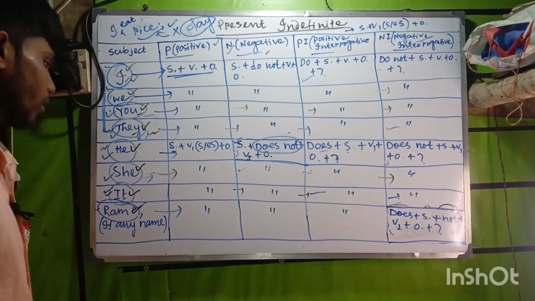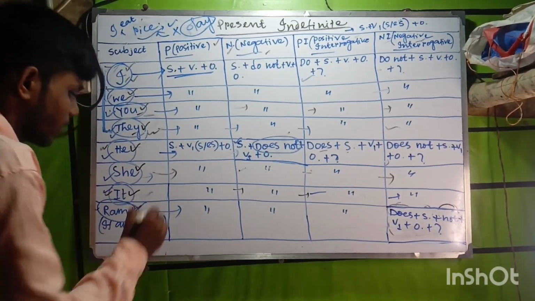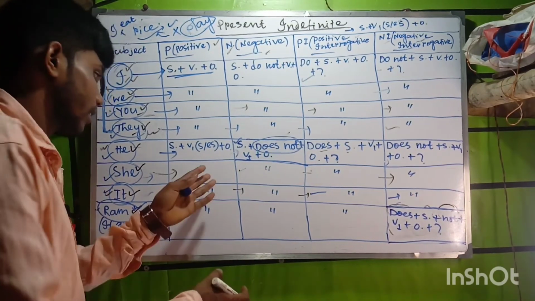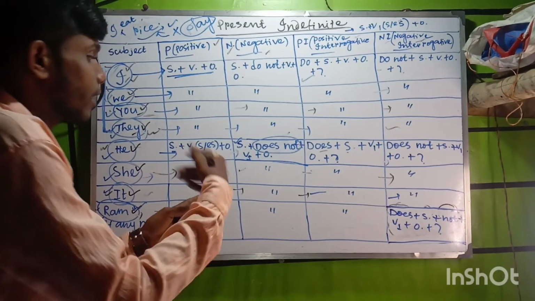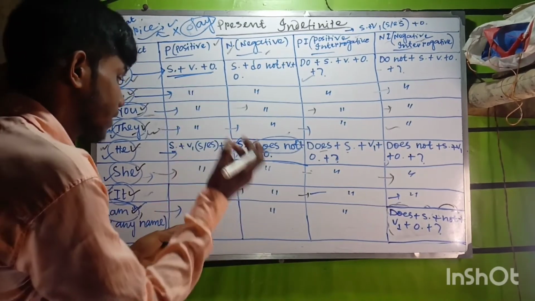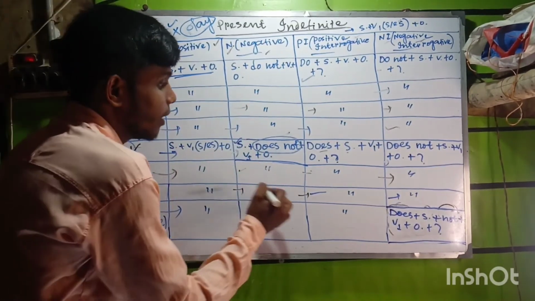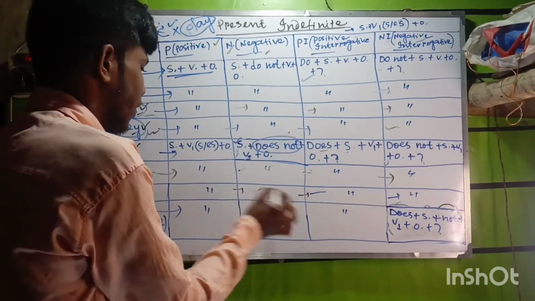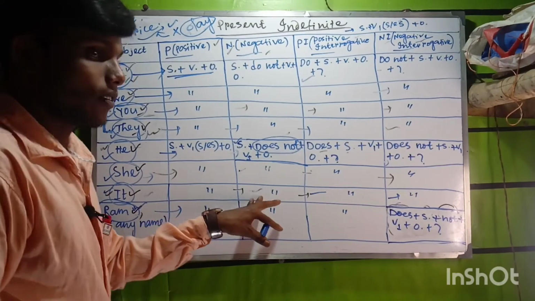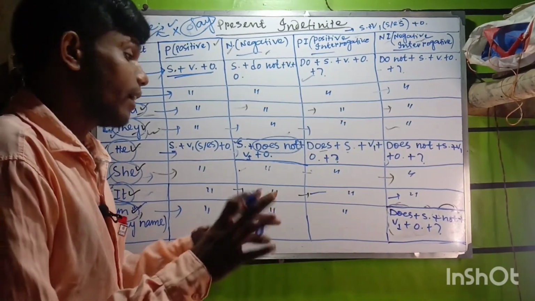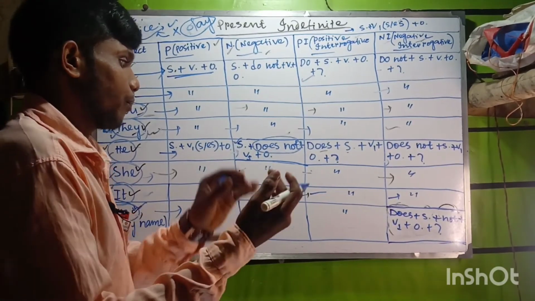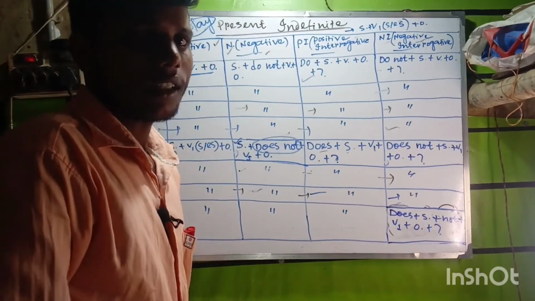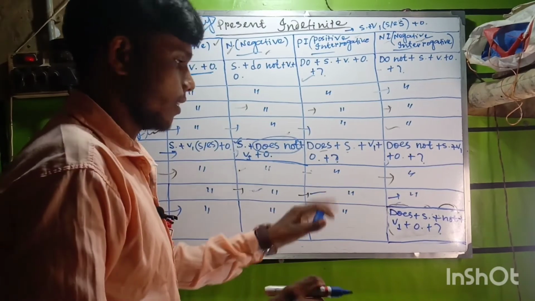Whatever. And the next one is it. It plays. If I extend, it plays football. It plays cricket, etc. It doesn't play. It doesn't play football. If I extend, it doesn't play chess, etc. Does it play?